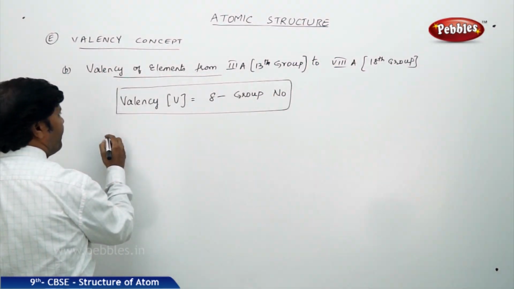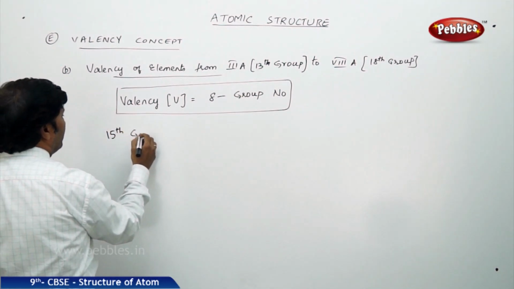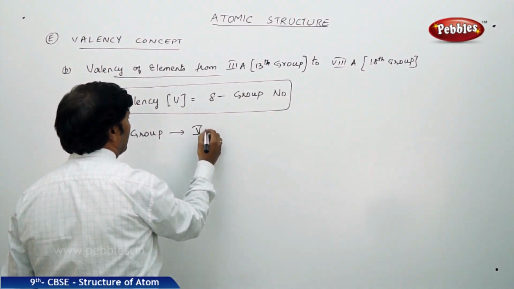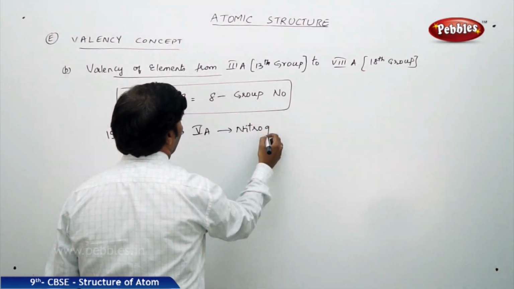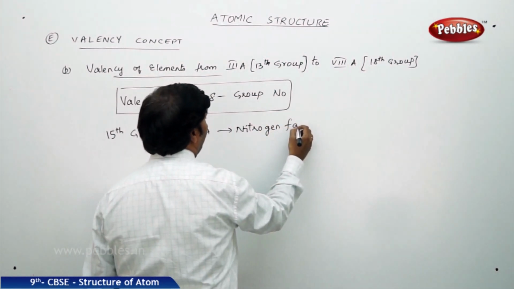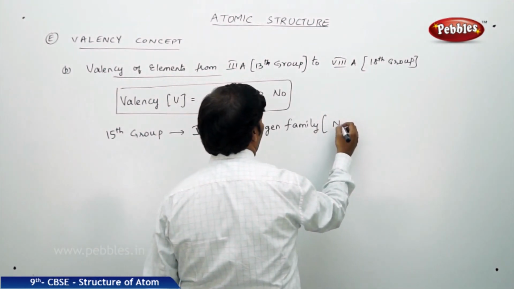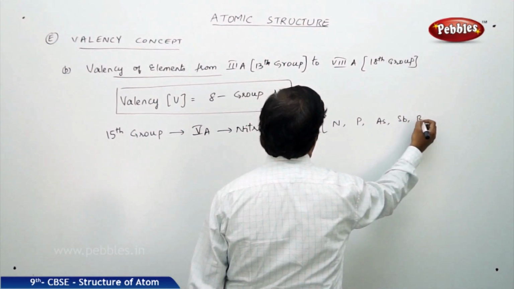So take the 15th group, which is 5A, the nitrogen family. Here you can take the elements nitrogen, phosphorus, arsenic, antimony and bismuth.